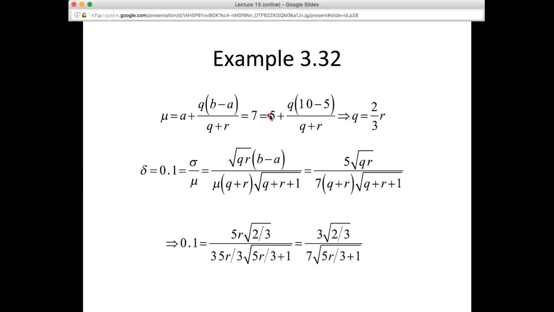So we can kind of plug and chug here, put in 5 for A, 10 for B, and we end up with, after solving for Q, that Q is equal to 2/3 R. So we have this nice relationship between Q and R. Now we just need one more equation and we can find the value for both Q and R. And that additional equation comes from the coefficient of variation, COV, and we're told that that COV is 10%.